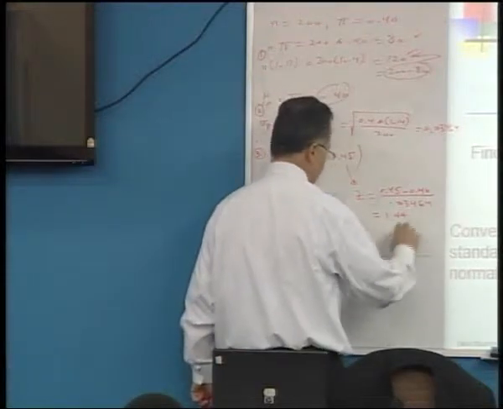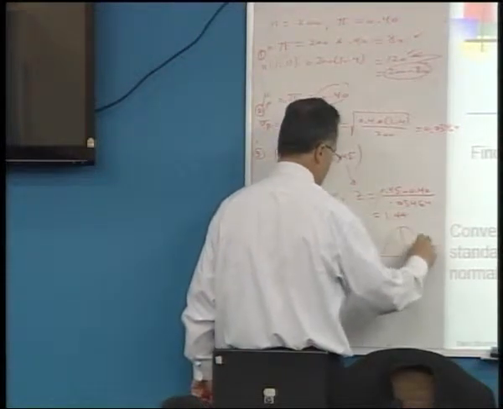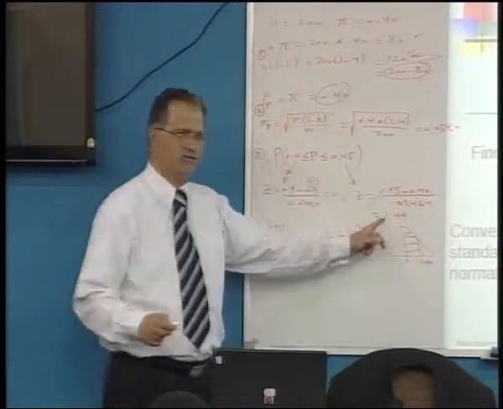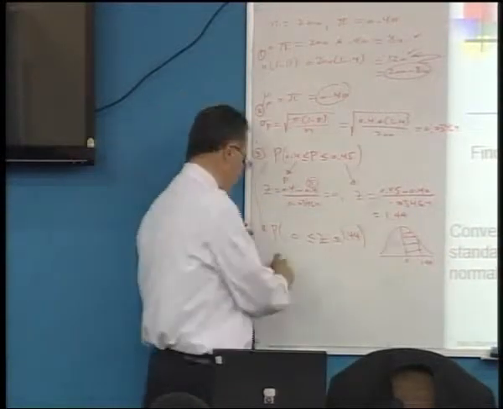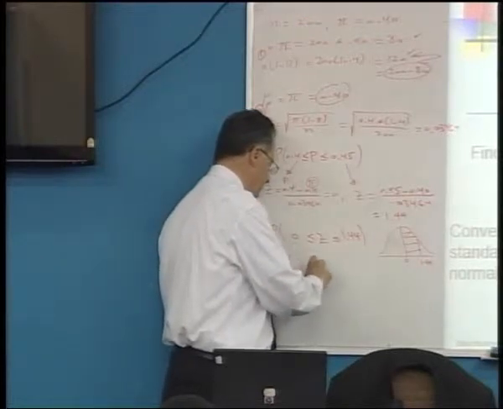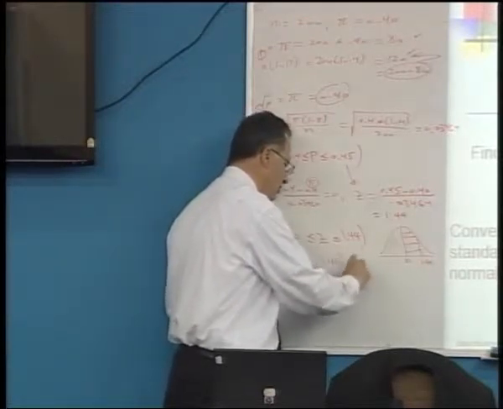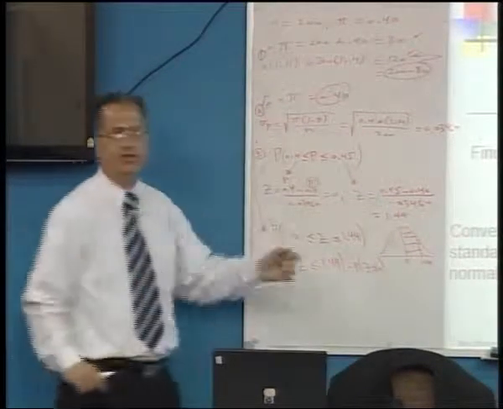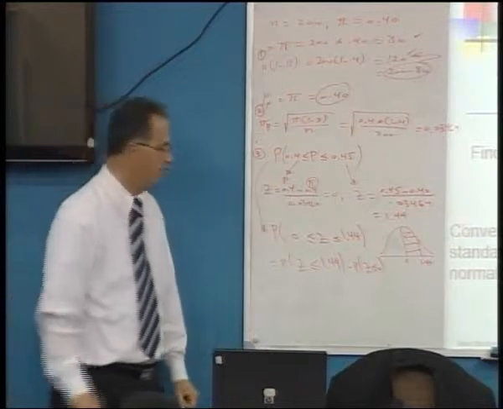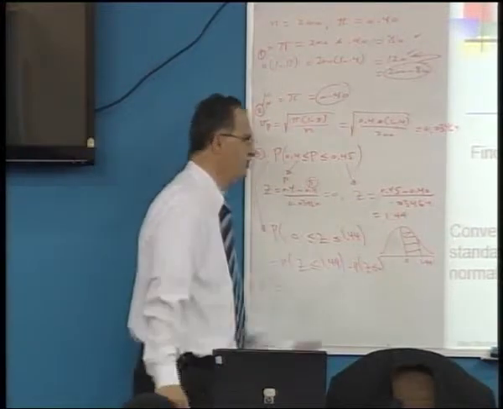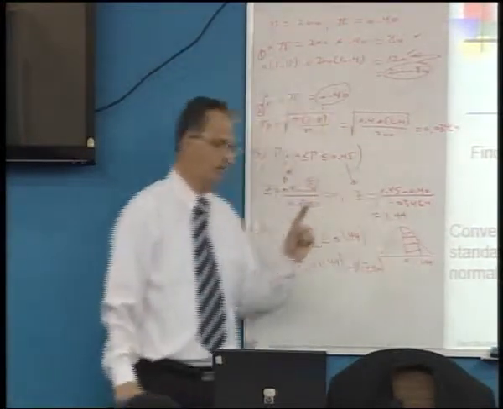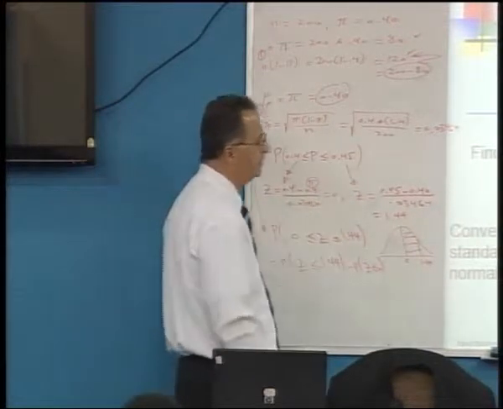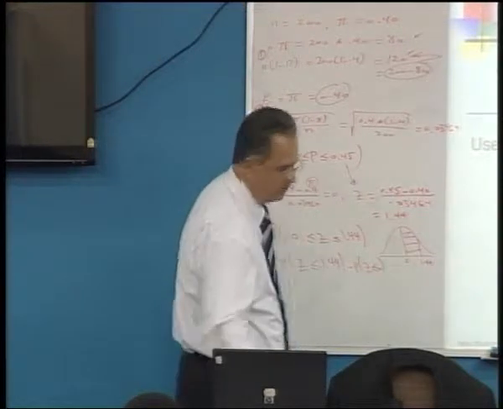As we mentioned many times, the dashed area equals P of Z less than 1.44, minus 0.5. Exactly minus 0.5, because the area to the left of 0 is 0.5. Now, by using the standard normal table, P of Z smaller than 1.44 is given by 0.9251.